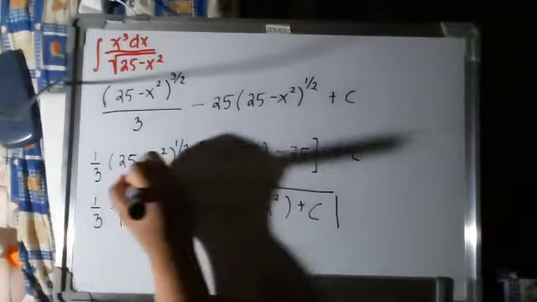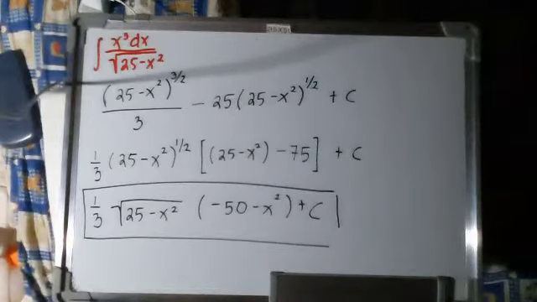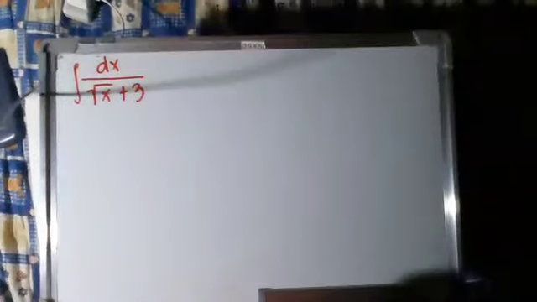So, the integral of x cubed dx over the square root of 25 minus x squared is equal to 1/3 square root of 25 minus x squared, quantity negative 50 minus x squared plus c. Let's have another example para mas maintindihan n'yo pa.